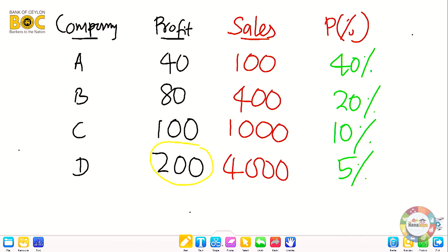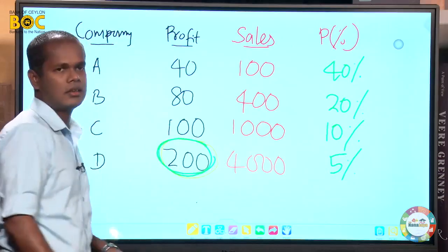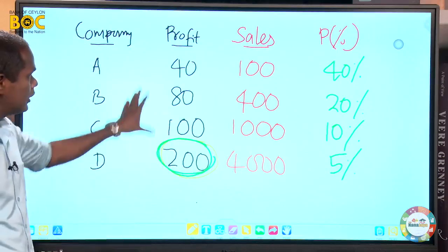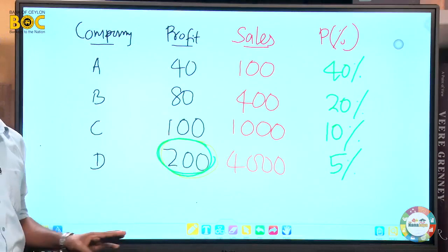So now see, earlier you decided to invest your money in company D. Why? It generated the highest rupee amount of profit.